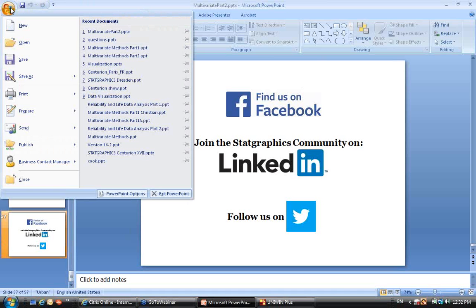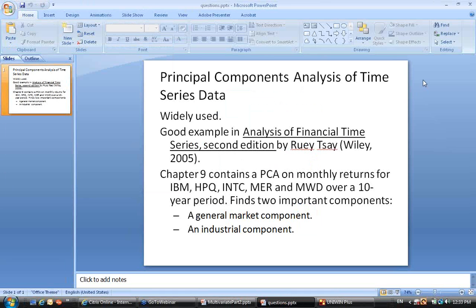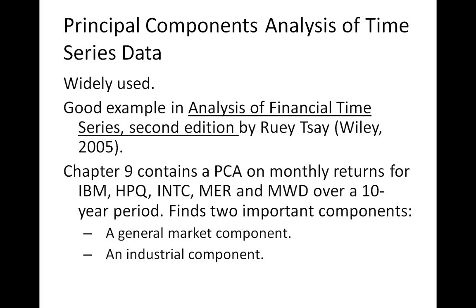there was a question on, well, not last week, last month's webinar, about using principal components analysis on time series data. And I promised I'd do a little bit of research to see how one might apply principal components analysis to time series. Well, I found out really quickly that it's very widely used in analyzing time series data.